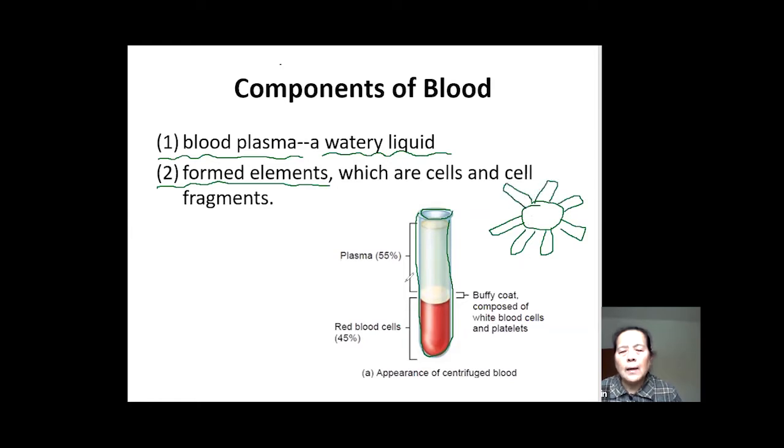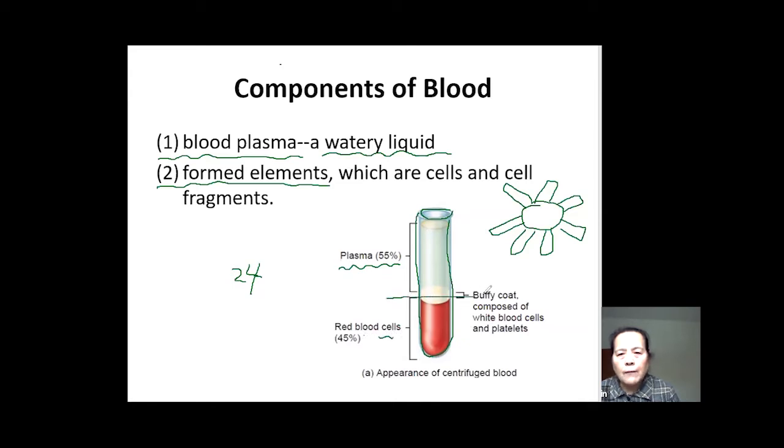After the tubes sit for a while, the blood separates like this. The above part is mainly water, which we call plasma. The lower part is heavy, so it goes to the bottom. That's basically the blood cells.